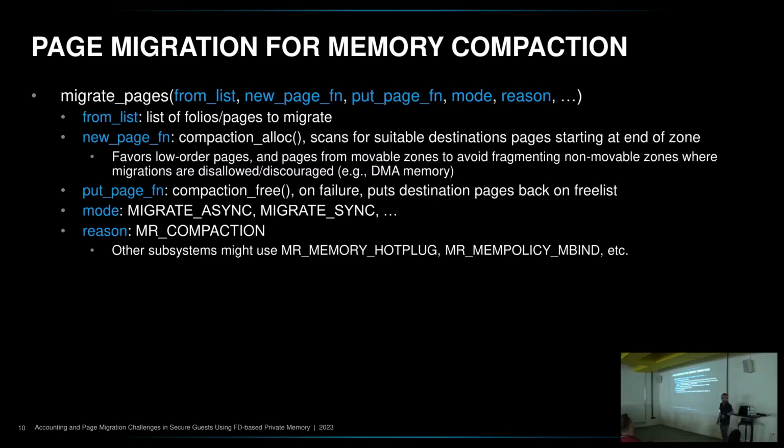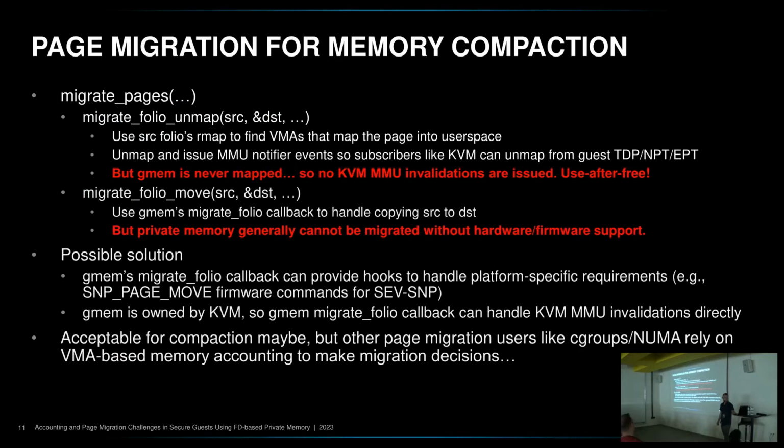There are just a few parameters there, but the more important ones are the from list, which is a list of pages that we want to migrate, and a new page function, which is what allocates the target pages that we want to migrate to. And the migration in this case, or in most cases, will happen in two phases.